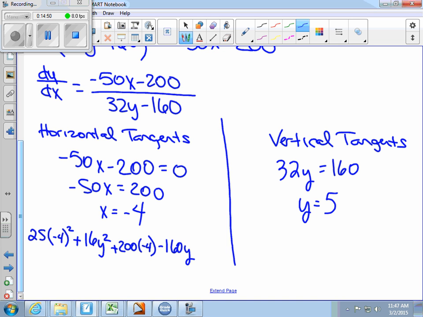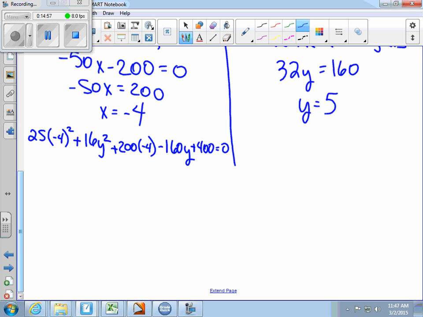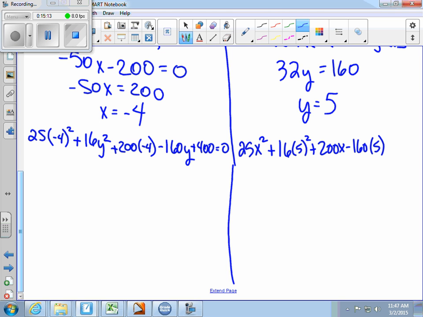Plus 4. Equals 0. And then similarly over here, we'll have 25x squared plus 16 times 5 squared plus 200x plus 160 times 5.